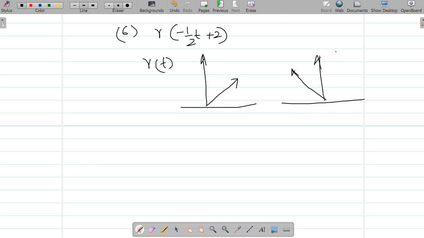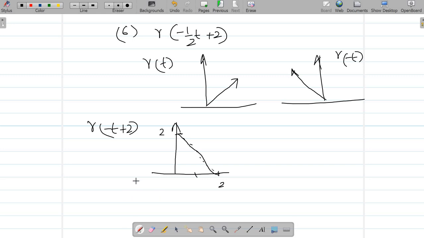Suppose this is r of negative t. But let us sketch this one. If I try to sketch this, it becomes 1. It becomes like this.